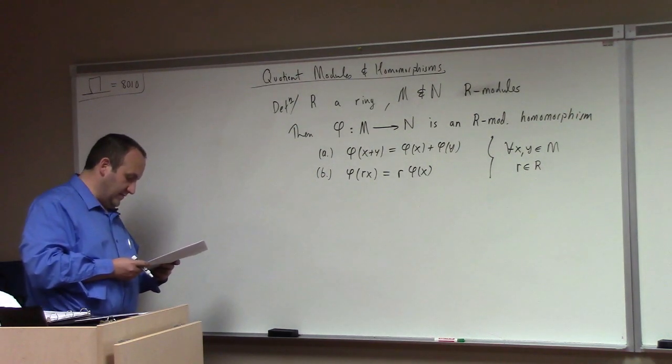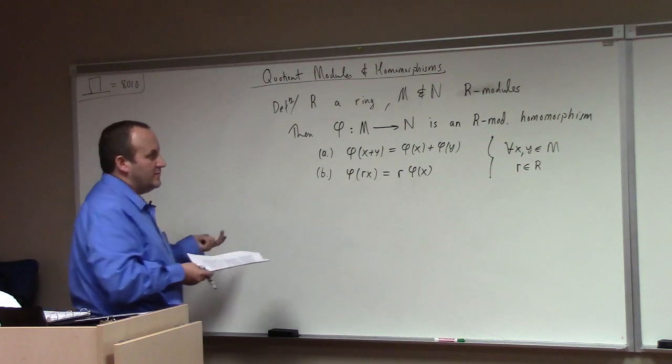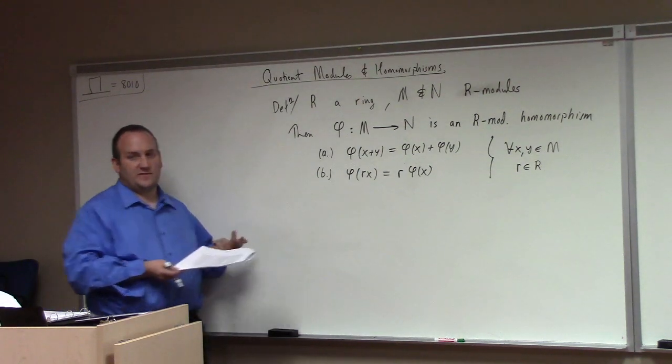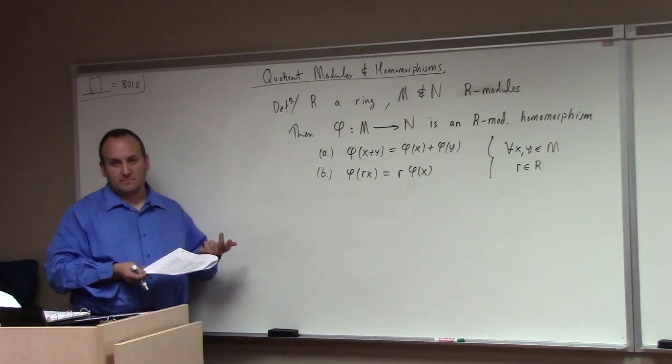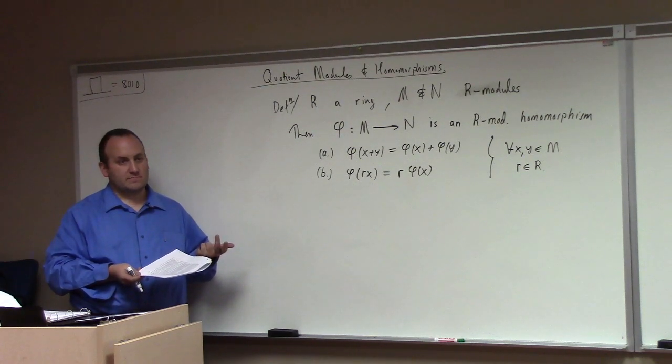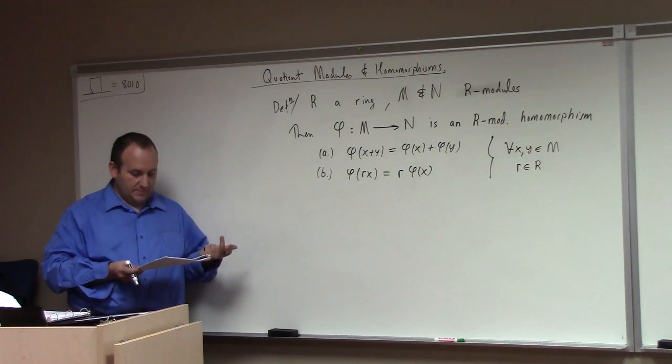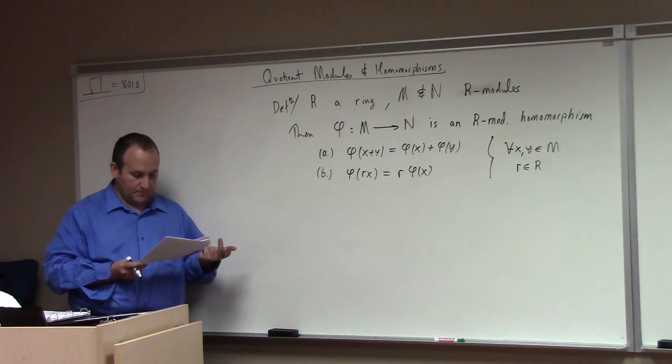And I won't write it down. What would I mean by R module isomorphism? Yeah, if it's a bijection, then it would be an R module isomorphism. So in other words, if it's both injective and surjective.